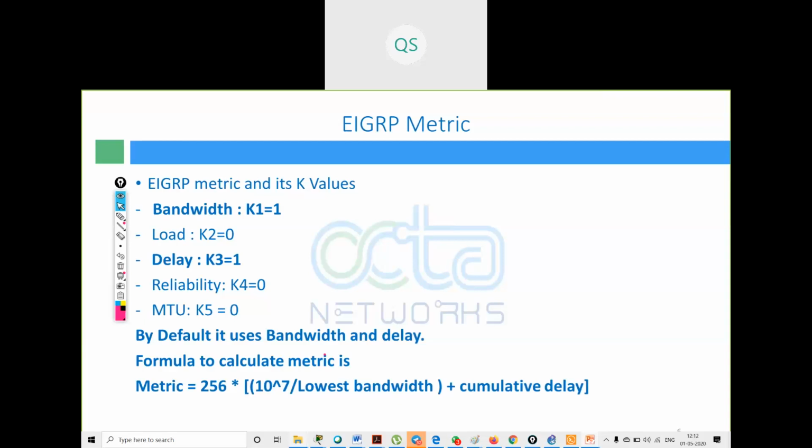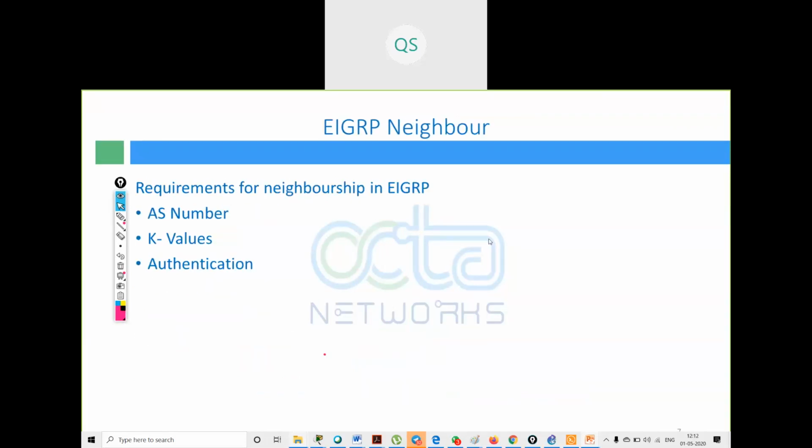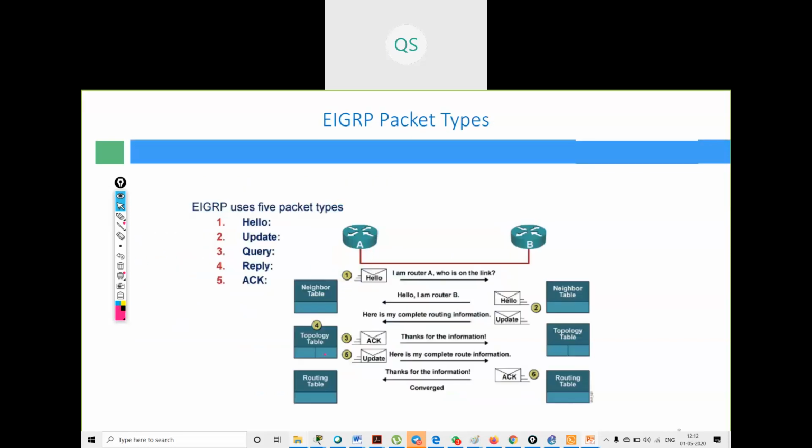Only delay and bandwidth are used. This is the formula to calculate the metric: 256 times 10 to the power 7 divided by lowest bandwidth, plus cumulative delay. Then the requirement for neighborship in EIGRP.